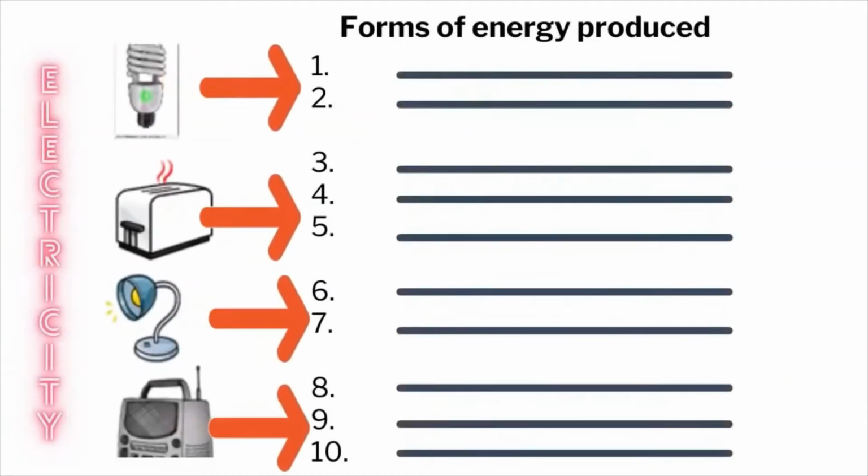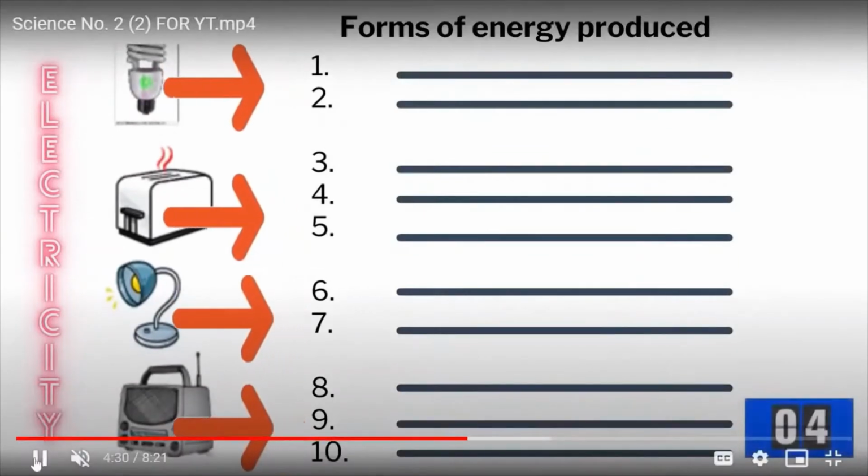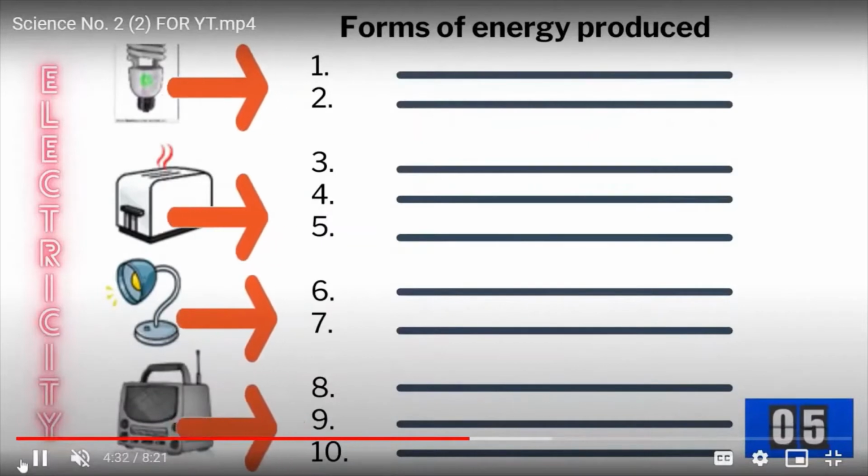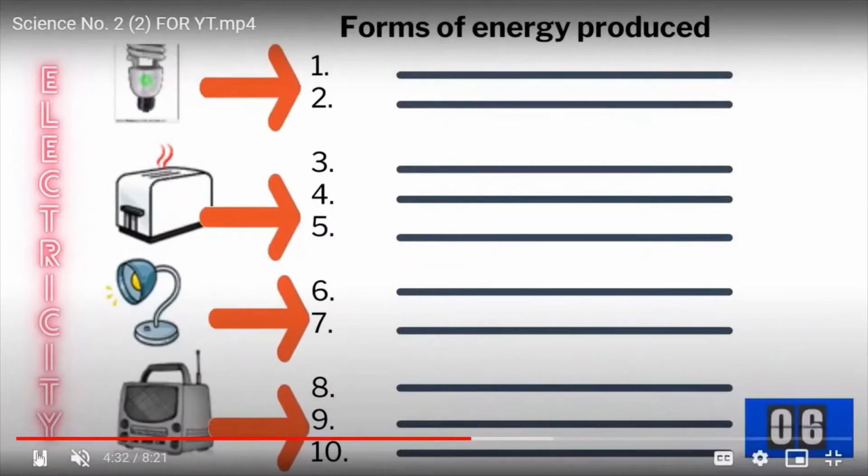So these are the forms of energy. The first one is a bulb. What are the forms of energy produced when we are using a light bulb? For items 3, 4, and 5, what are the energy produced when we are using an oven toaster?